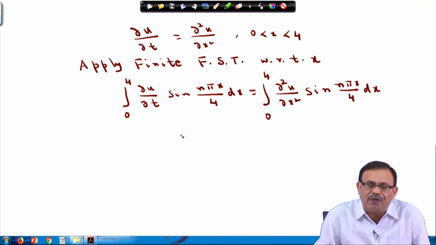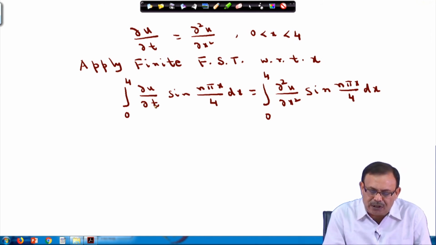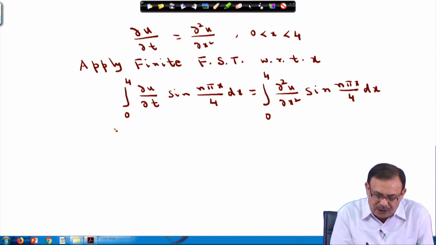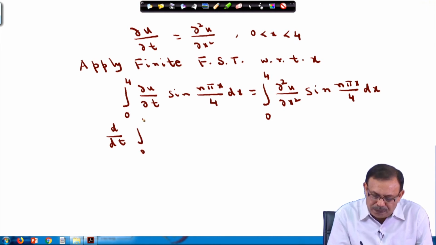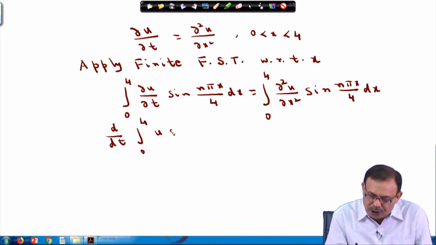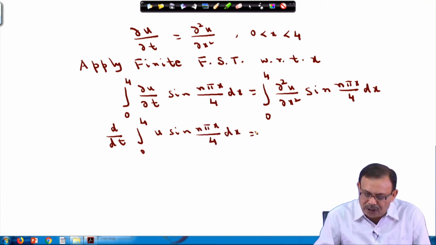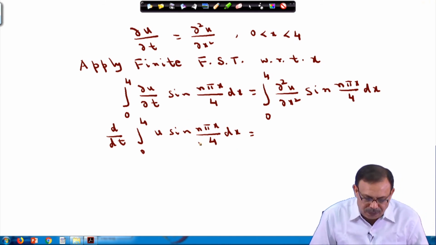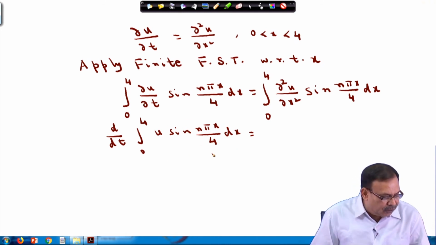Now, del del t can go outside, so on the left hand side I can bring it outside: d dt of the integral from 0 to 4 of u sin(n pi x by 4).